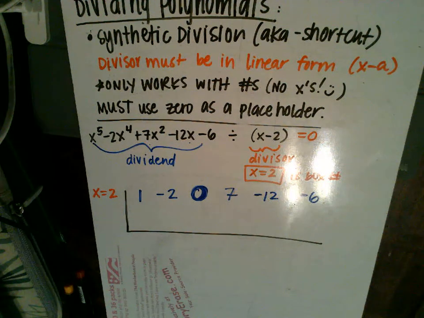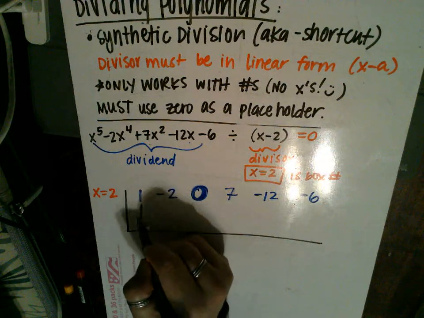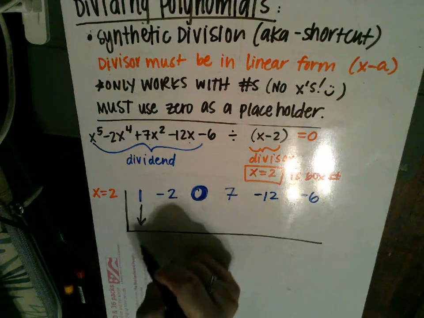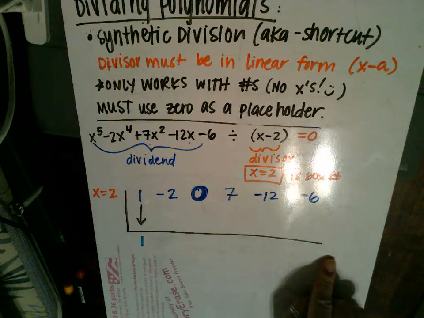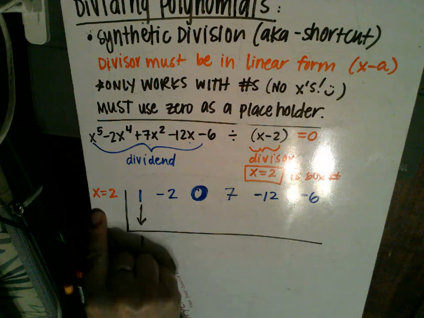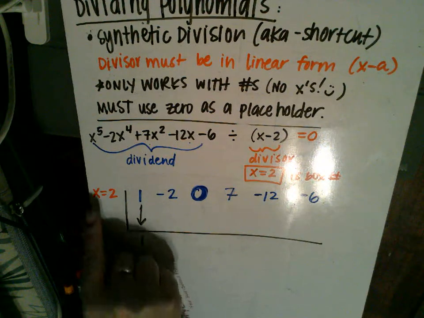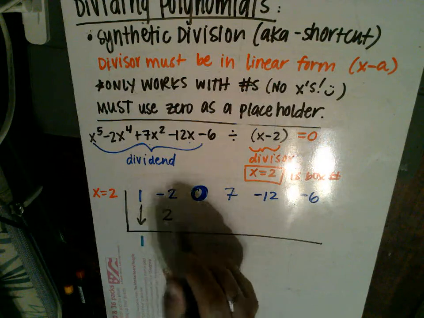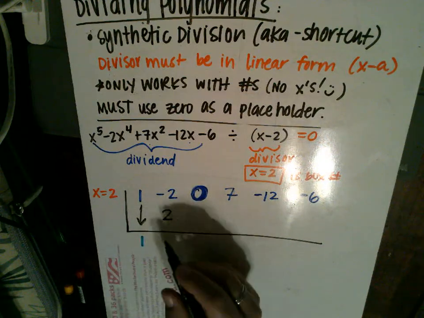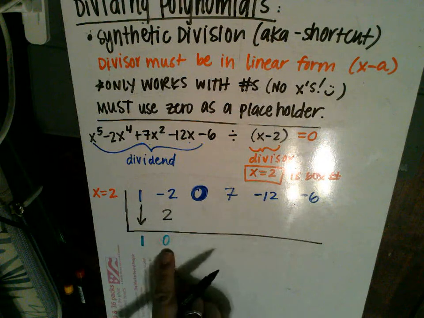Okay. Again, the first term always, always, always drops straight down. And now we start the process. Anything that appears in this line gets multiplied by our box number. So 1 times 2 is 2, add vertically. Negative 2 plus 2 is 0. Start over.